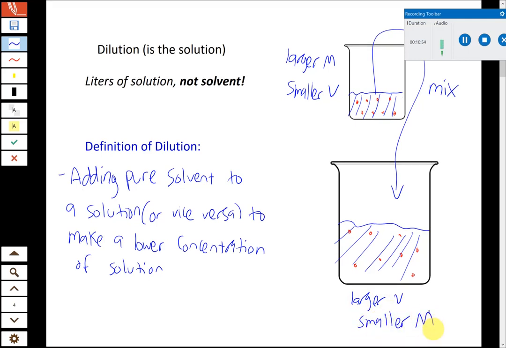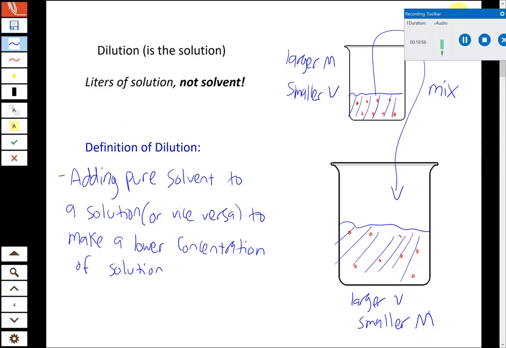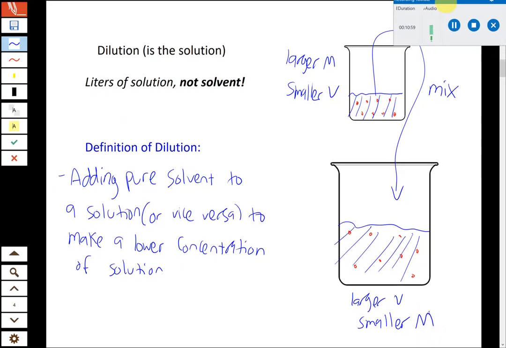The whole point of this is when we do dilution, we're not going to change the number of moles of solute that we have. So the moles of solute is going to stay constant during the dilution process. It's going to be the same before and after dilution. All we're changing is the volume that those solute molecules are dissolved in.